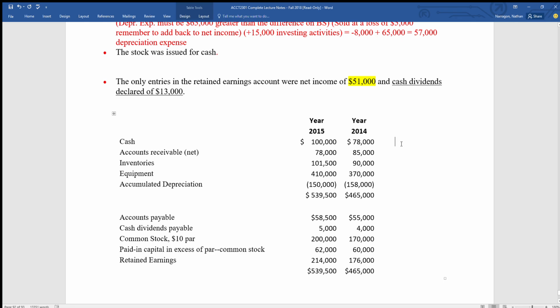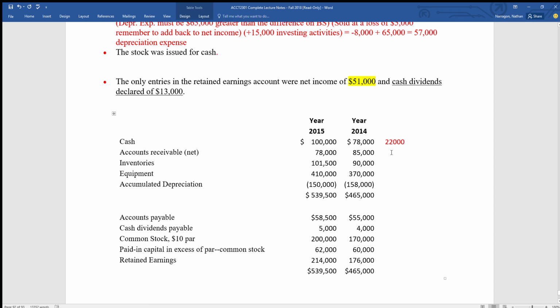If we took 100,000 minus 78,000, so this one increased by 22. Okay, if it's in red, still doesn't show. So 22,000. We have an increase right there because it went from 14 to 15 and went up.